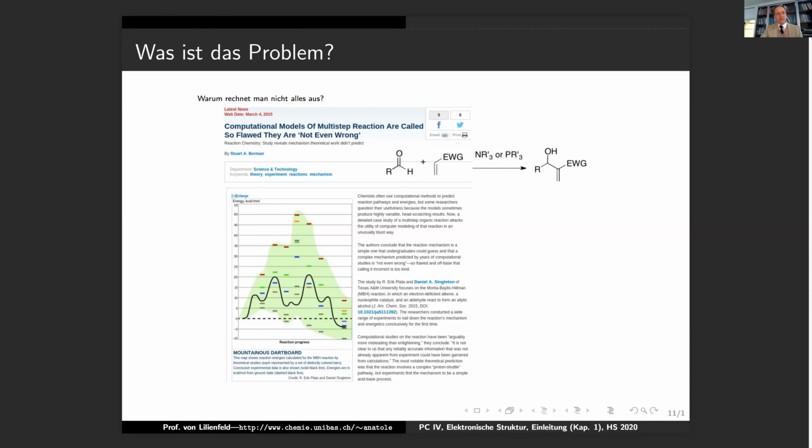Last week, we introduced the reasons and the motivations why this electronic structure is a worthwhile topic for chemistry in general and for physical chemistry in particular.